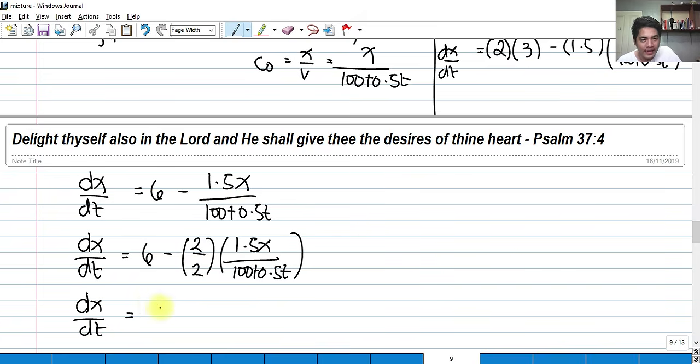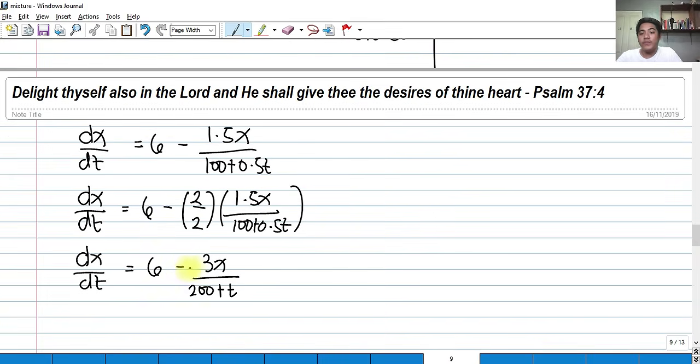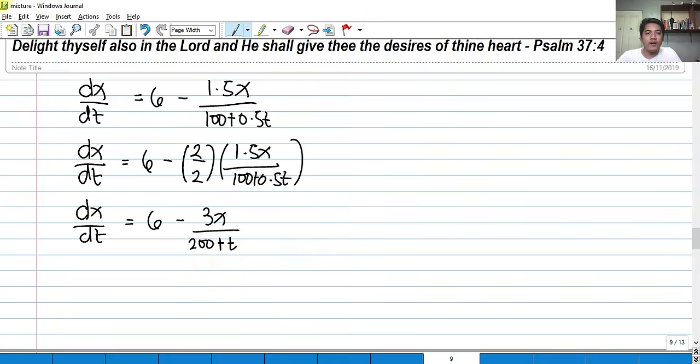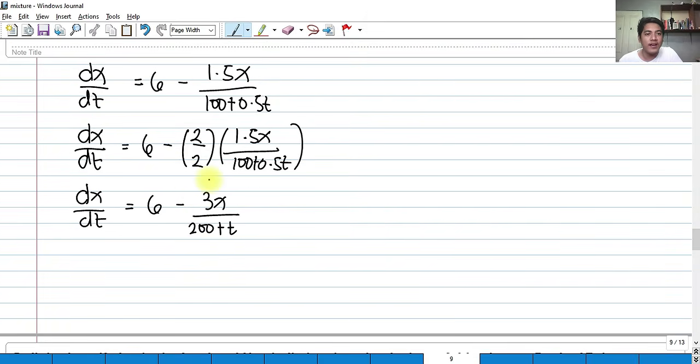Just to eliminate the decimal, we have 3x over 200 plus t, so that our equation is free from decimal. You can do that because you did not violate any rule; we simply multiplied by 1, 2 over 2.